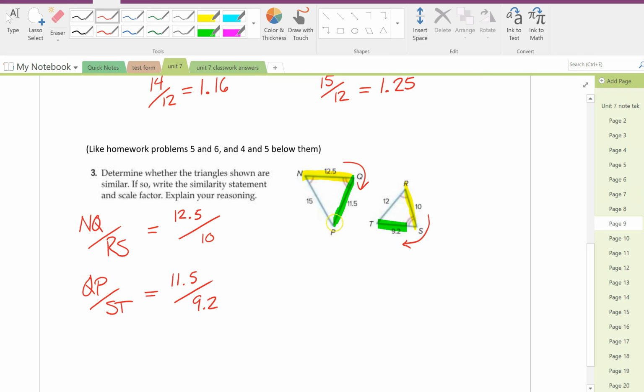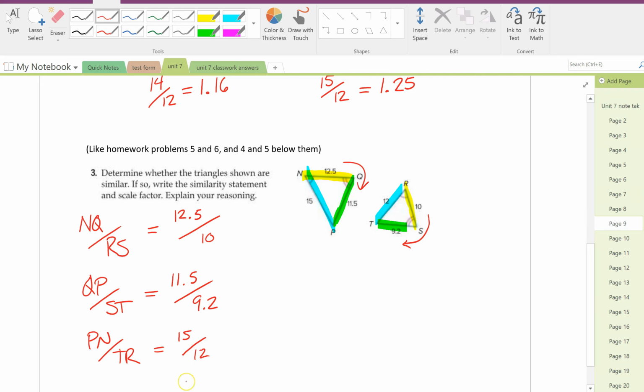Okay, last pair of sides. On the big triangle we have PN, and on the small triangle we have TR. So if these two triangles are similar, it's going to mean that all three pairs of these corresponding sides have the same ratio. I'll write down the ratio for PN is 15 and TR is 12.